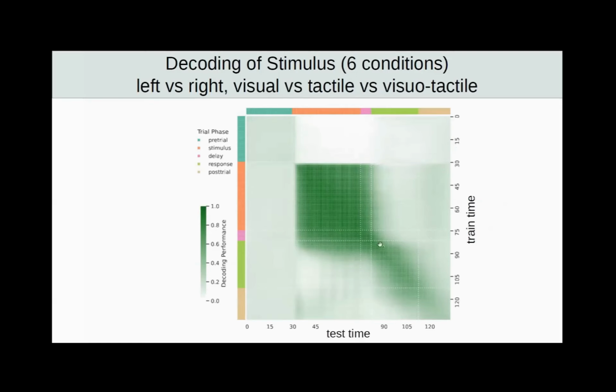And what is interesting is after this time here, which is after the delay, you've got a reconfiguration, meaning that there's still information to know which kind of stimulus has been presented, but it's transformed. It's another representation in the activity pattern, meaning that it's processing that supposedly concerns different subnetworks in the brain.